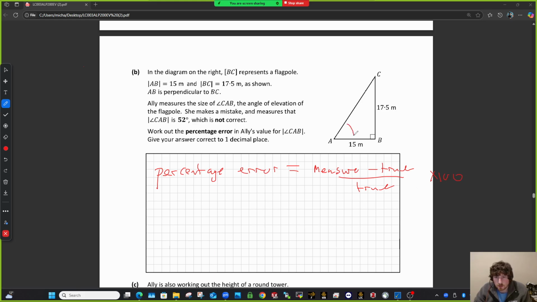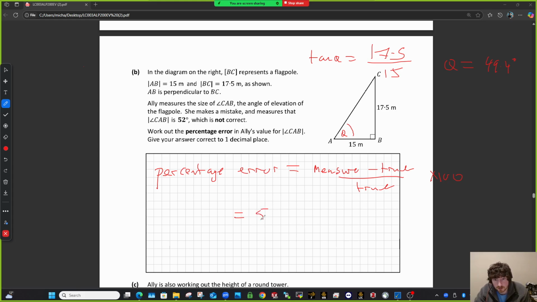So when you use your tan here, tan theta equals 17.5 over 15, and you do tan inverse, I think to 1 decimal place, that thing works out as 49.4 degrees, and she measured 52.